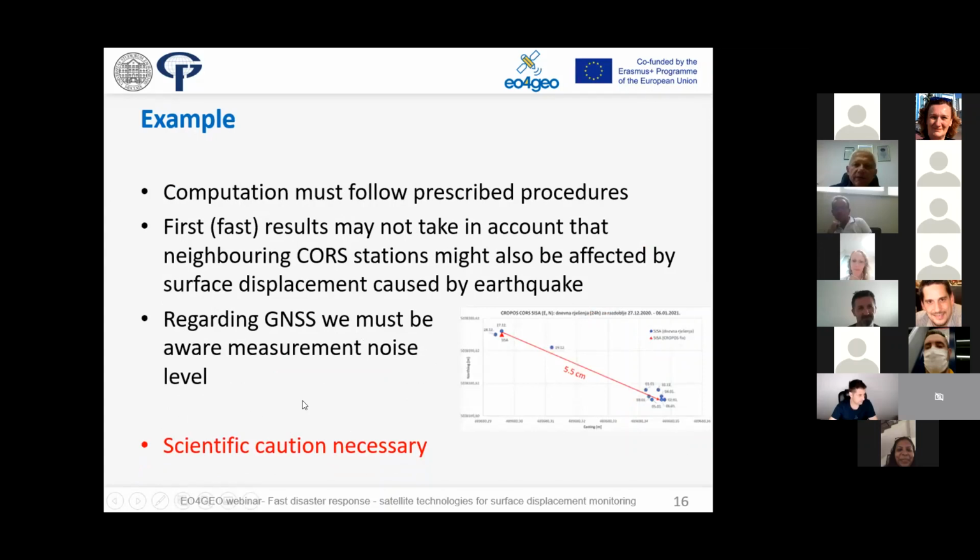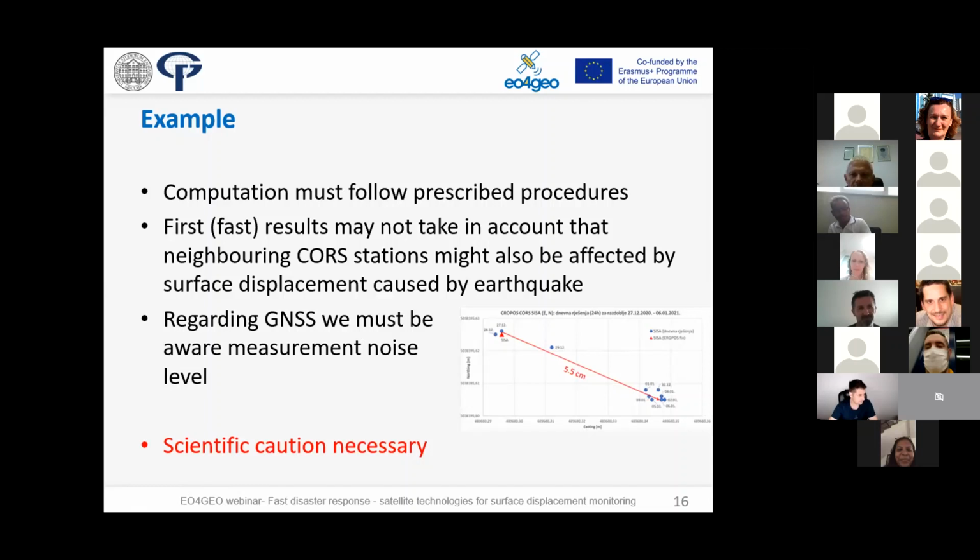Similar thing is when we speak about permanent surface displacement, like in a case of CORS station CSAC after the Petrinja earthquake. In those computations, first of all, we have to follow prescribed procedures.